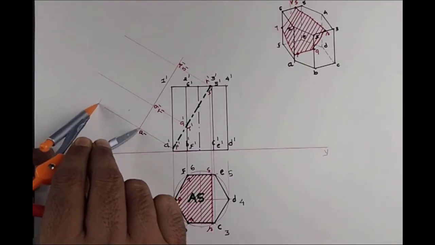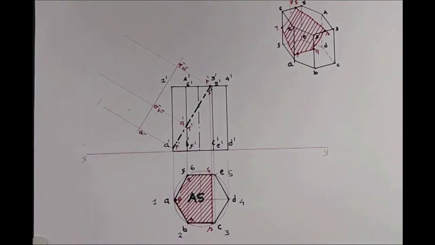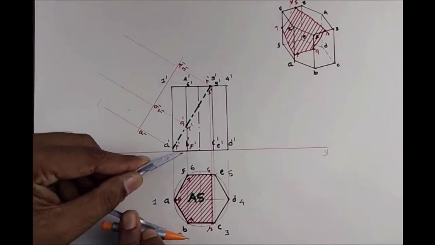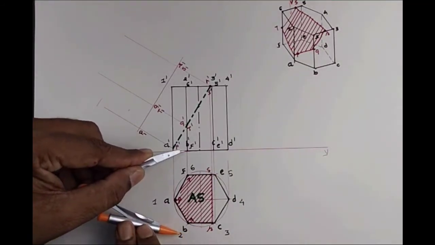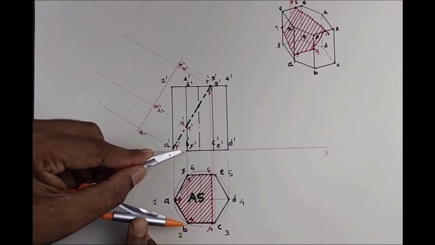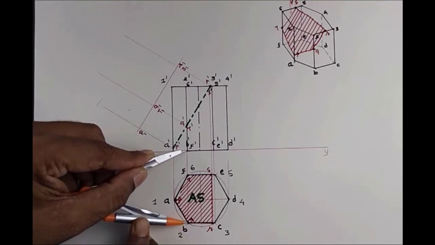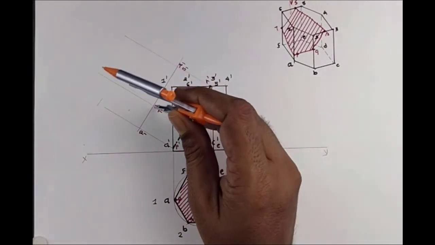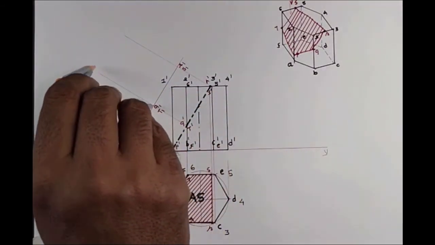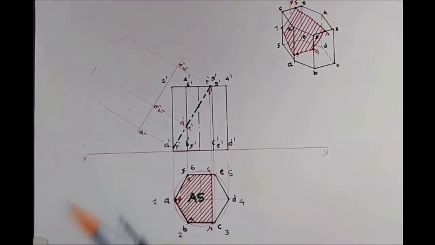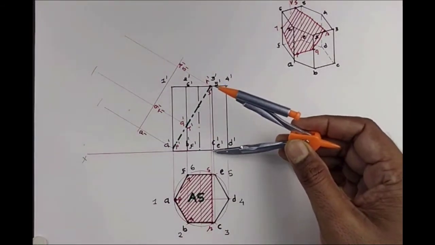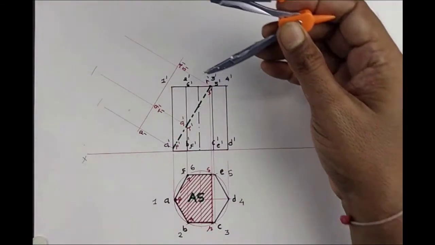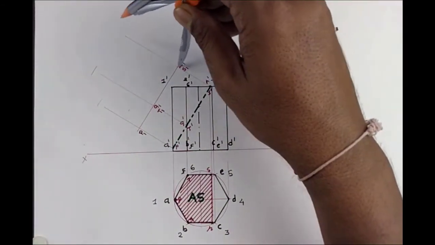You can draw the arc. Similarly, you can go for Q. You collect the vertical distance from XY to Q. Your Q dash is the center. You can draw the arc. Similarly, the same vertical distance from XY to R point, R1 is the center.